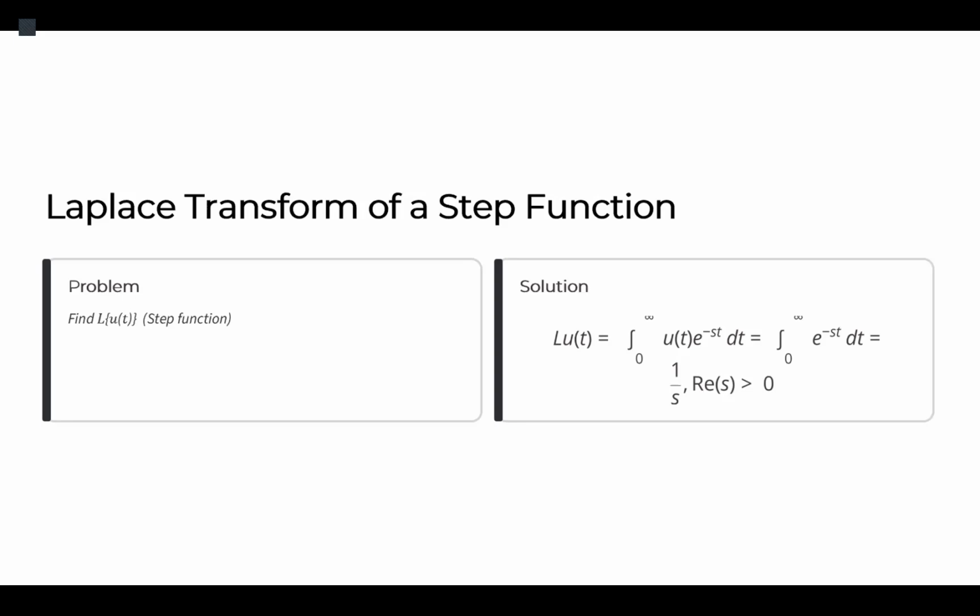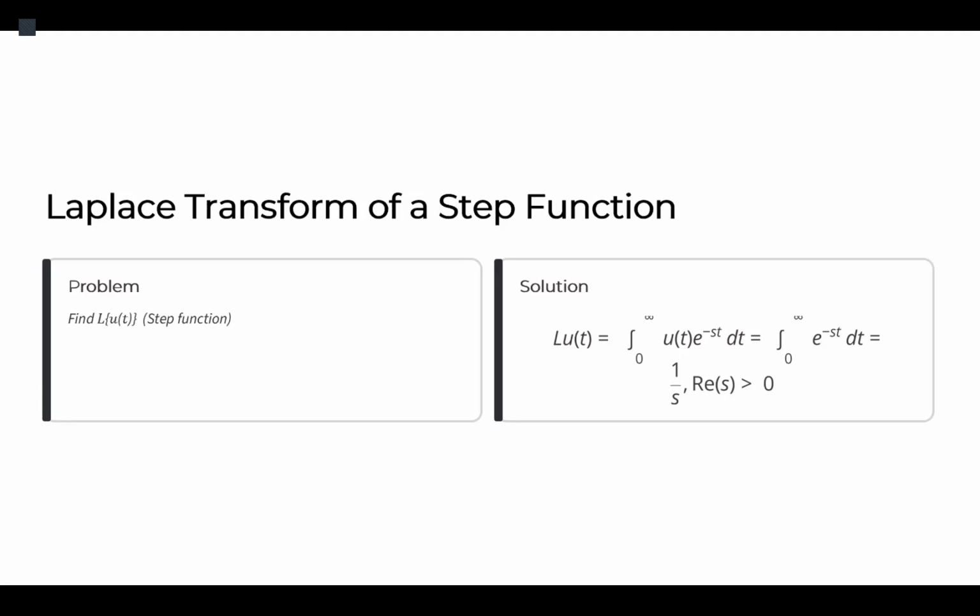No? Okay. The first example that we are going to see is a very simple one. We want to calculate the Laplace transform of the simple u(t), the step function. We said the Laplace transform is an integral from zero to infinity. When we have an input as u(t), meaning a step function, from 0 to infinity the value is 1.